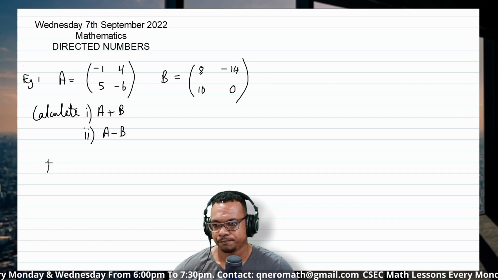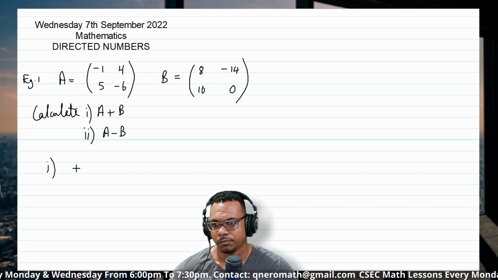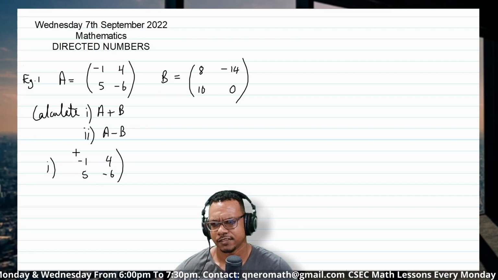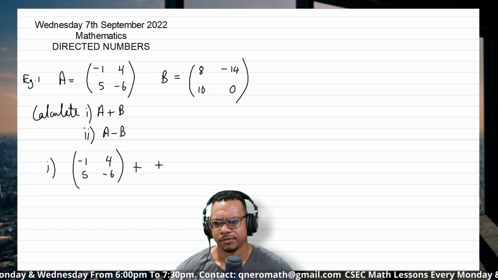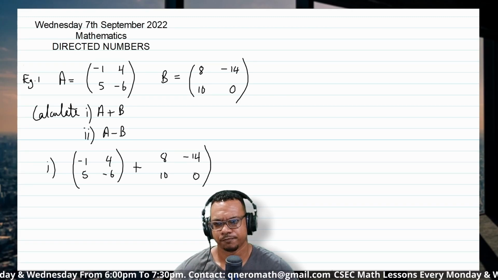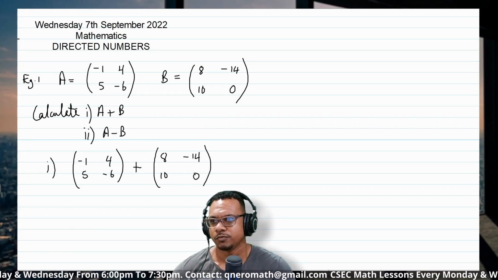So part 1, A plus B. We take the matrix -1, 5, 4, -6, and we're going to add that to the matrix B, which is 8, 10, -14, and 0. So, some shading.